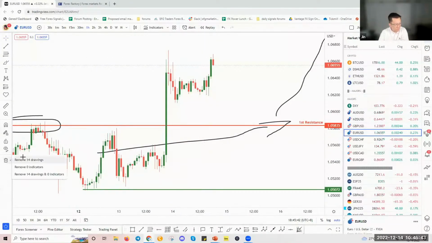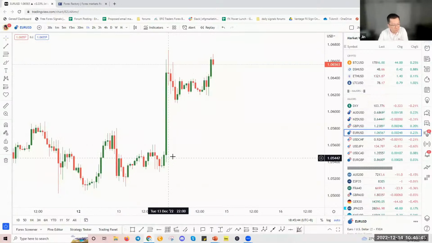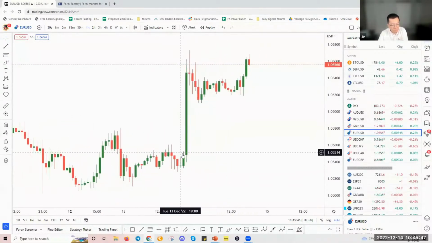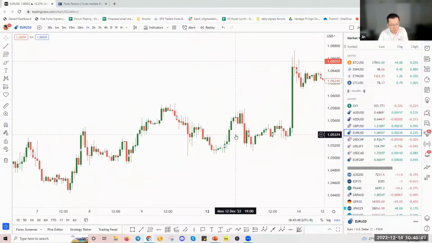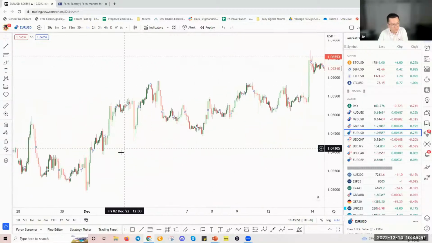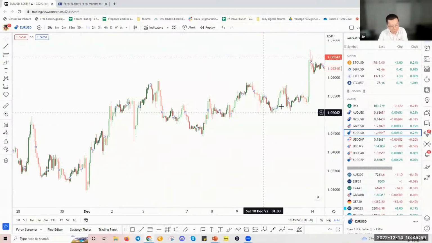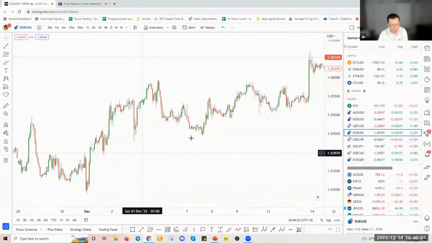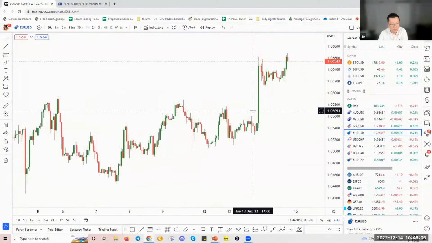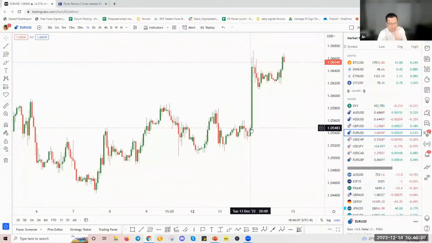I'll clear out these charts for now. You see here, this was the euro dollar, right? From the 1st of December, it's been pushing towards the upside. We saw it trading higher because of that dollar weakness, right? And then what happened at this point? This was when the news got released.